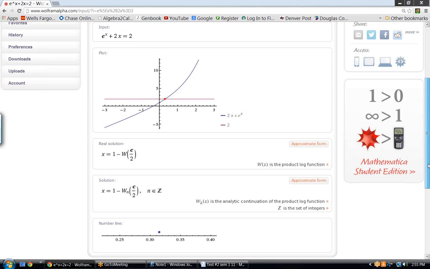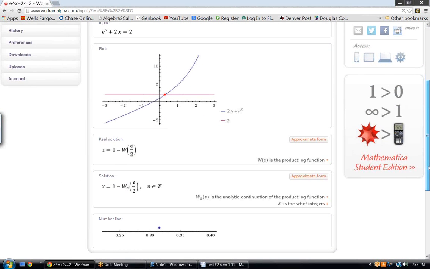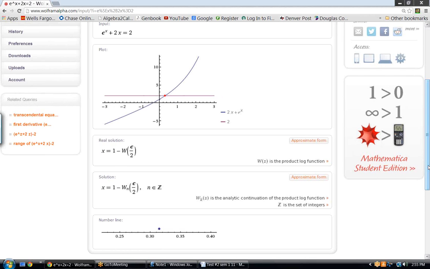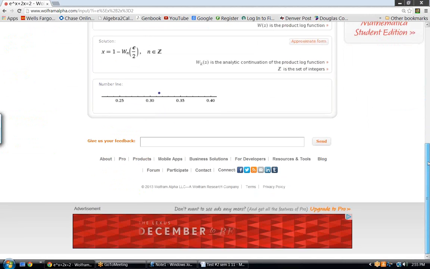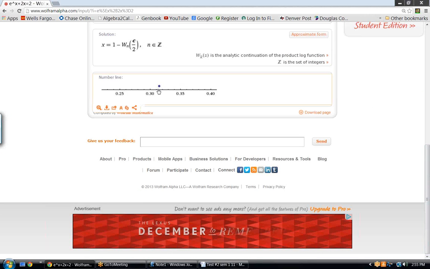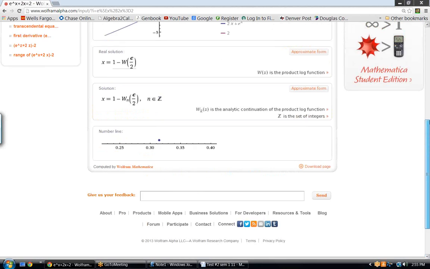And that solution is that point right there, 0.31. How come it doesn't show me that number?